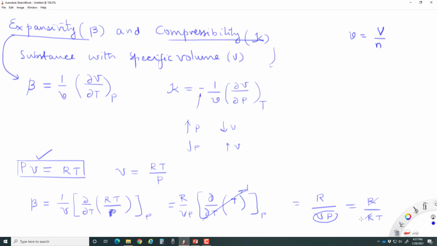You cancel R and R, so that means beta is equal to 1 over T. That's the expansivity for an ideal gas.